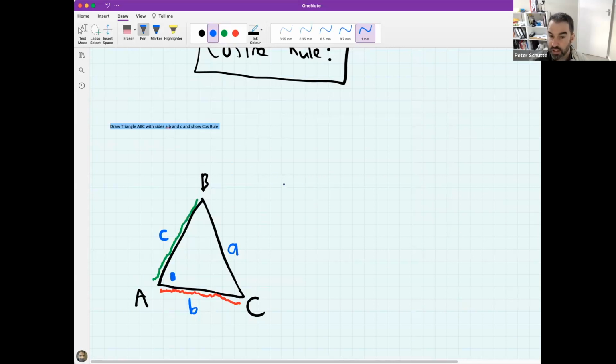So this is what the cos rule says. If you have two sides and the included angle, you can find the third side of the triangle. So how would we write this? It looks a little bit like Pythagoras, because Pythagoras has squares in it. So we start by going a squared is equal to b squared plus c squared. And if I just left it like that, it almost looks exactly the same as Pythagoras, but we're not done.